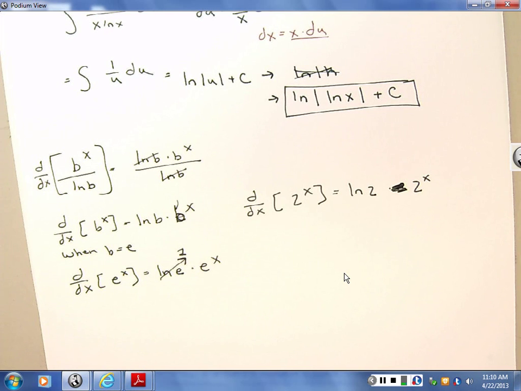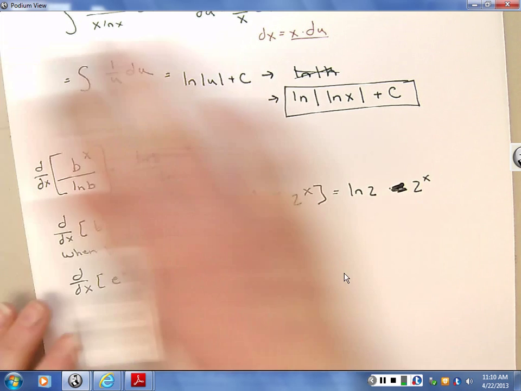So the derivative of 52 to the x is ln of 52 times 52 to the x. e to the x is a special case where the derivative is e to the x. When we use the ln to bring out the power.